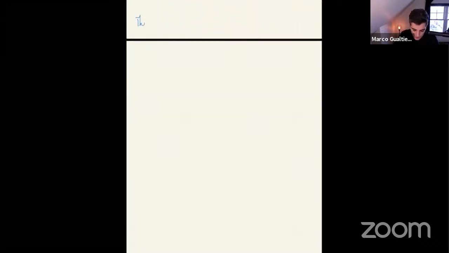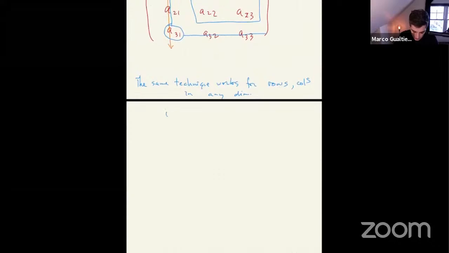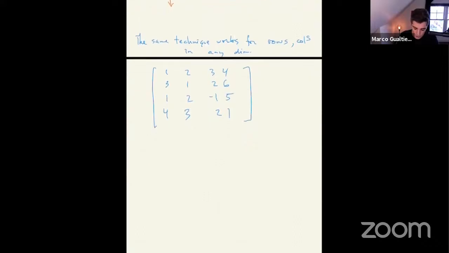So the same technique works for rows, columns, in any dimension. So if I had a matrix 1, 2, 3, 4, right, then you could choose any row or column.